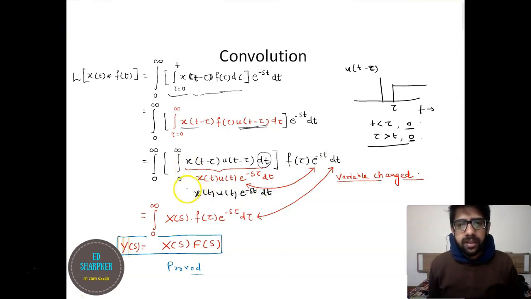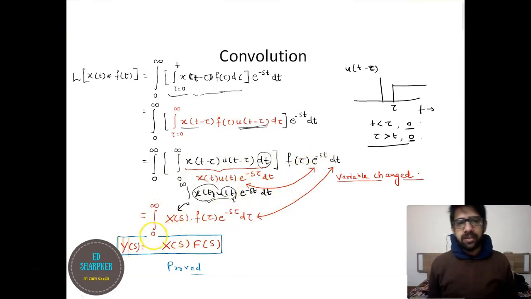Now if you can see, this is nothing but the Laplace transform of x of t, because the limits are 0 to infinity. So this is going to return value 1, and we can change this as x of s, right? So inner integral, it is x of s now, and outside we have f of tau e raised to minus s tau. Alright, because we had replaced it.